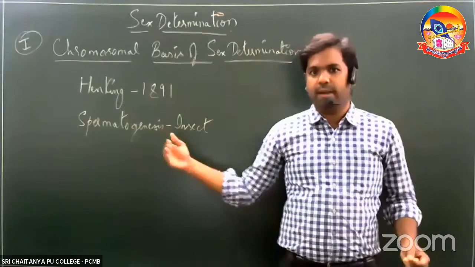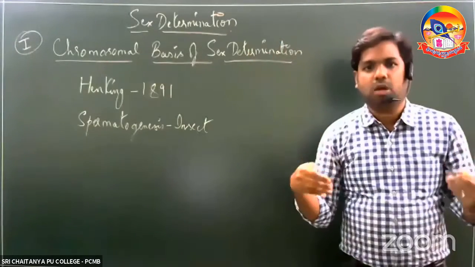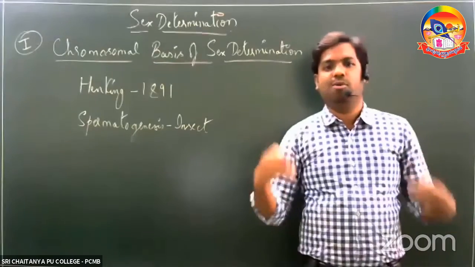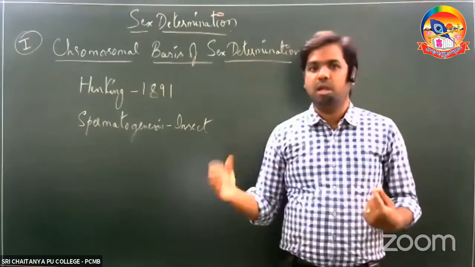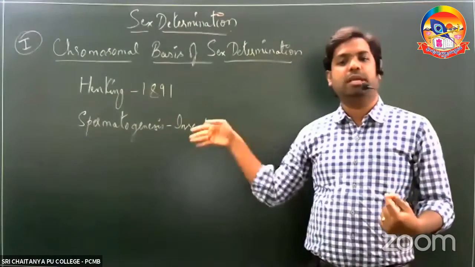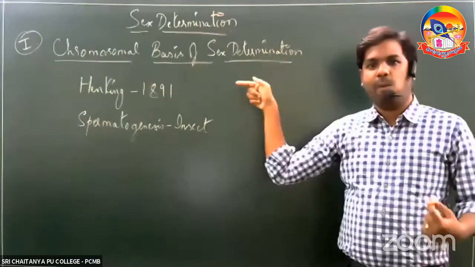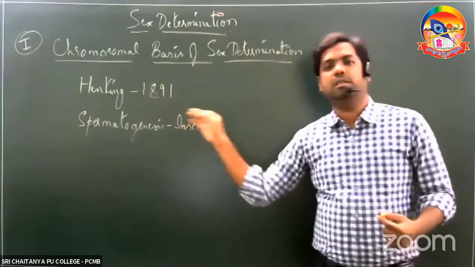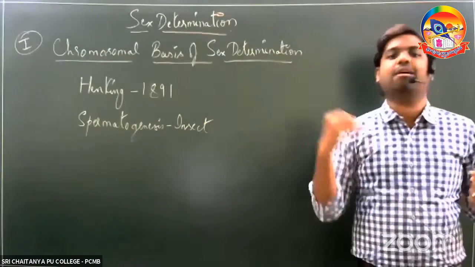In spermatogenesis, a diploid germ cell, by the end of the second meiotic division, would form 4 haploid sperm cells. What Henking observed is that out of the 4 haploid sperm cells formed from one diploid germ cell, 50% of these sperms, that is the male gametes, had one extra chromosome.